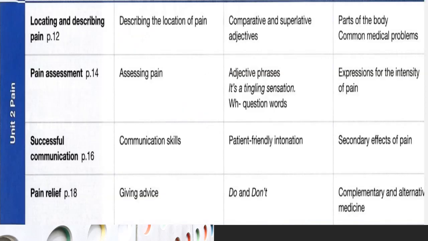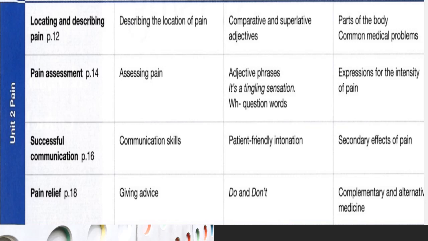Okay, in this part, which is taken from Oxford English for Nursing, before starting any unit, we are going to see the map of the unit. As you can see, there is a schedule here. This schedule clarifies everything about the unit and the main objectives which this unit targets.